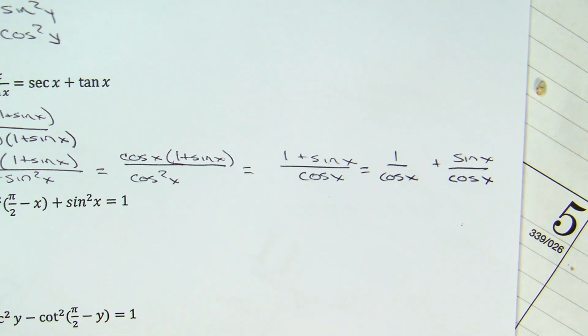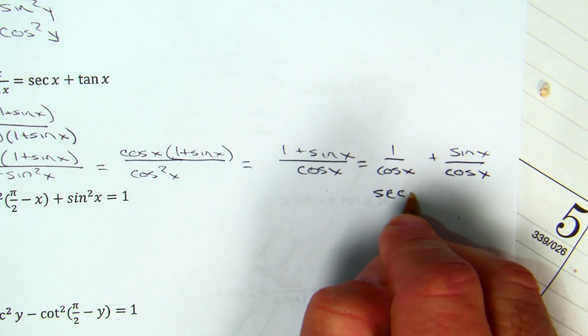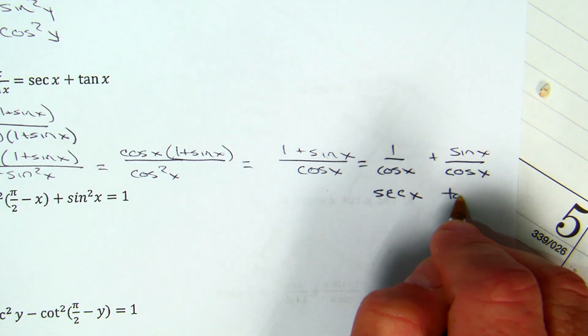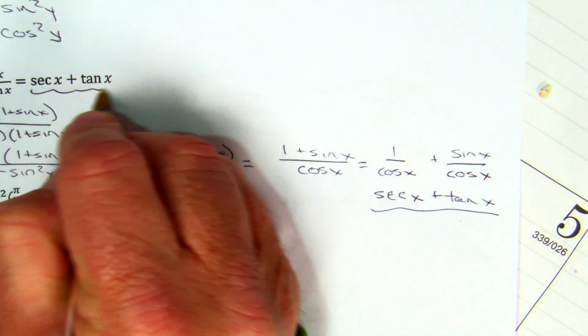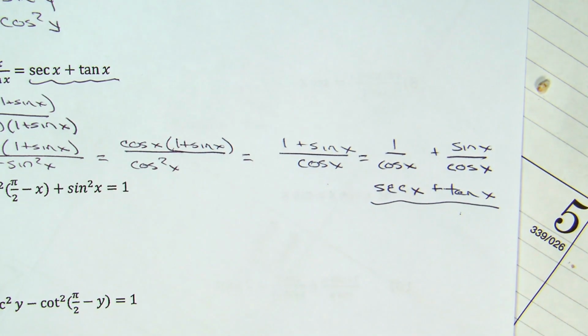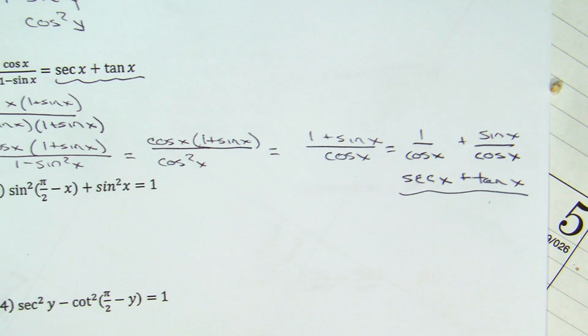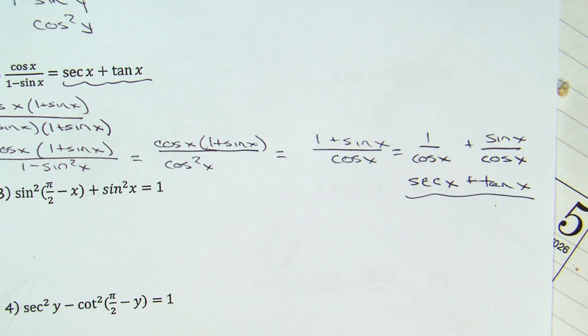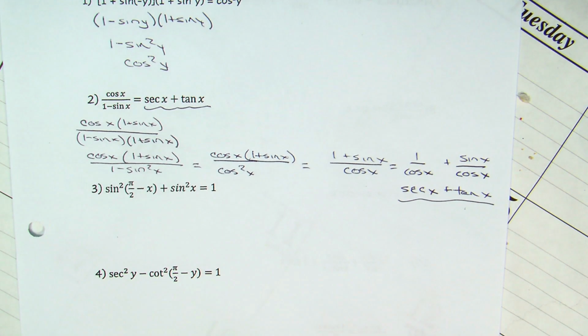By reciprocal or inverse identities, 1 over cosine x is secant x. Sine over cosine is tangent. Boom shakalaka. I have the exact same thing. All right.